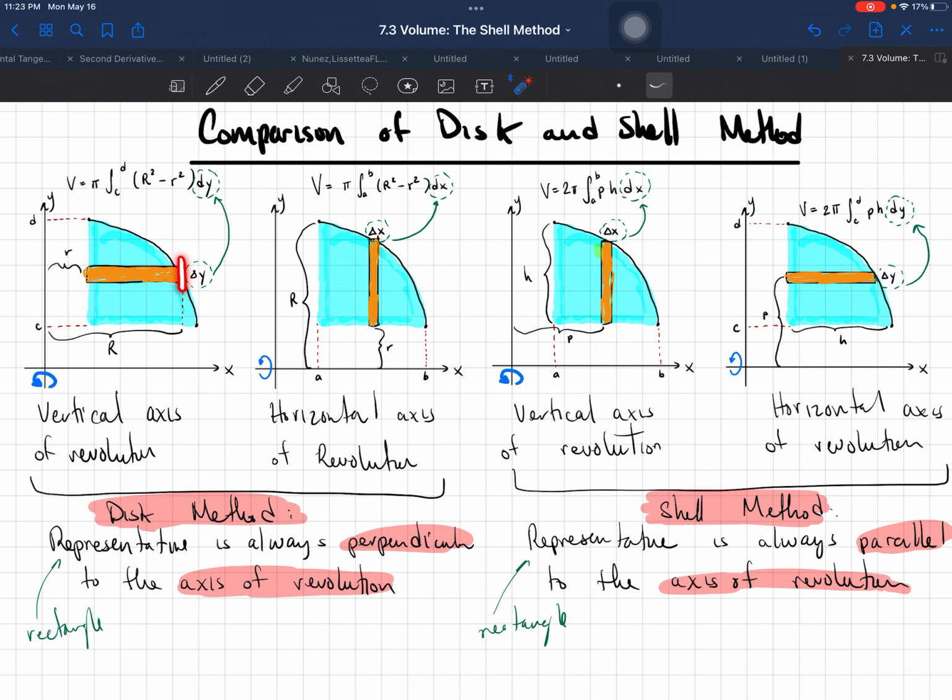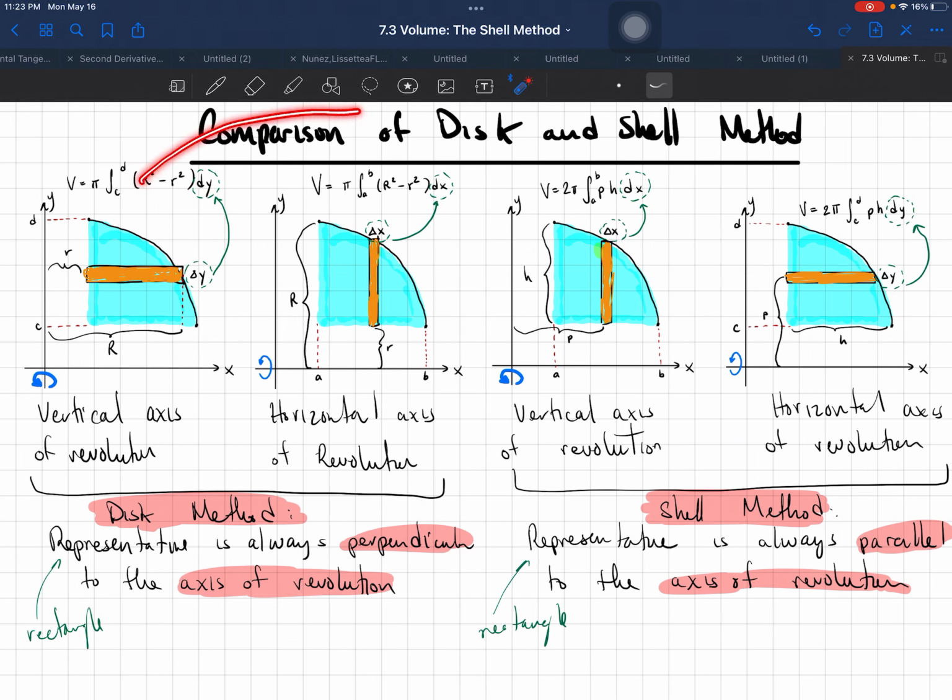We need the big radius and the small radius, right? And that gives us the volume of the cylinder, right? This is in terms of delta y, the width of this rectangle. And this delta y will be bounded between C and D. So notice here that we don't have to figure out where this distance is, right? We don't have to do that for this one. And if you notice here, this method is pi instead of 2 pi.